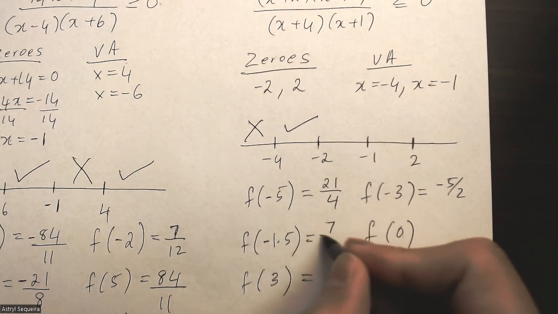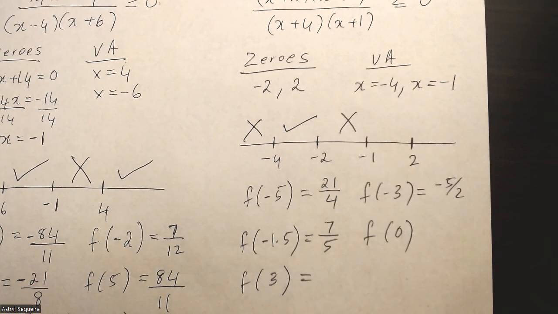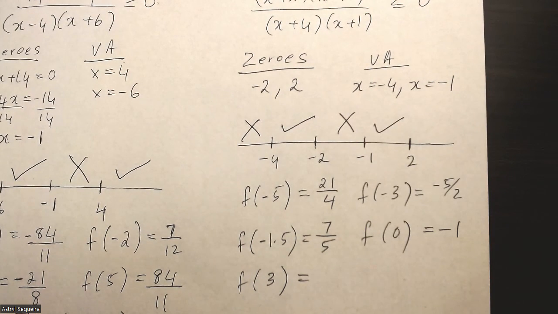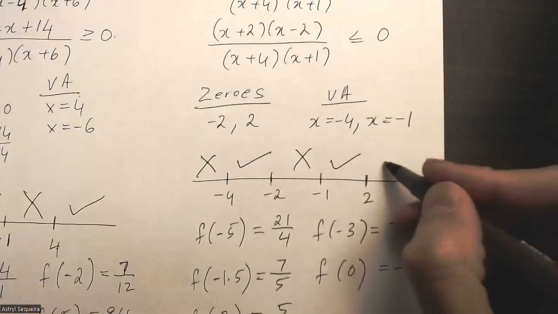Just 7/5, so that's no good. And then f of 0 is next. This is -1, so that's good again. And then last one I will test is +3. This is 5/28, so that's no good.